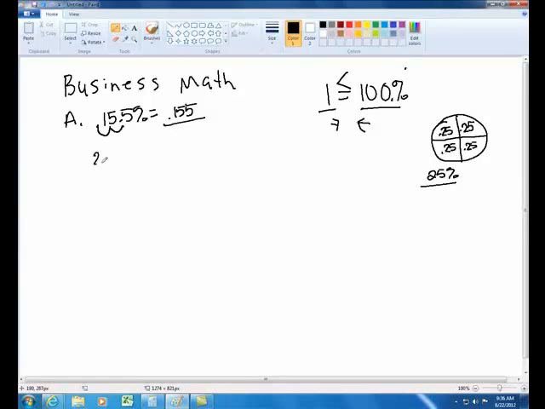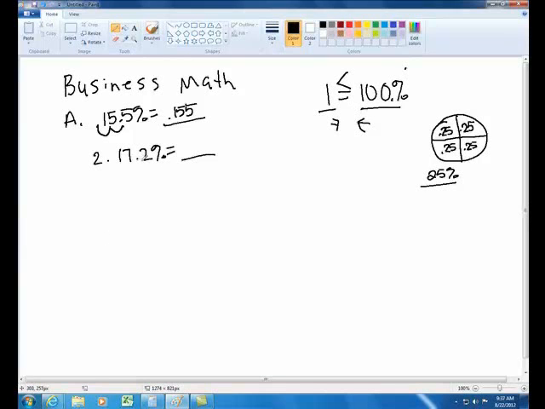That's number 1. Now let's do number 2. Number 2, I have 17.2%. I'm going from percent to decimal. So from percent to decimal, I move my decimal 1, 2 places to the left.